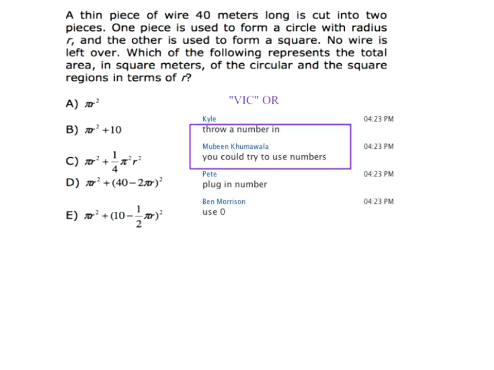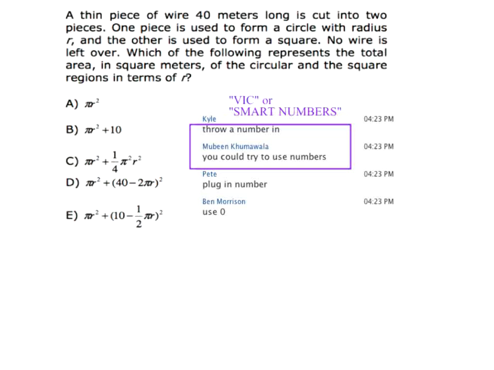The VIC stands for variables in choices. That's what we would call this in the book, because there are variables in the choices. Smart numbers is exactly the same idea. It's just different in the sense that they don't have variable names. But if you see the ideas of VIC and smart numbers in the book, those are basically the same thing.